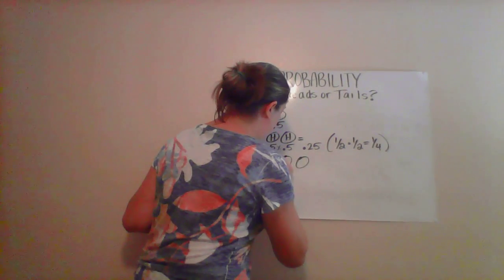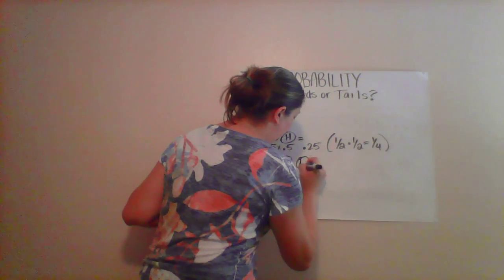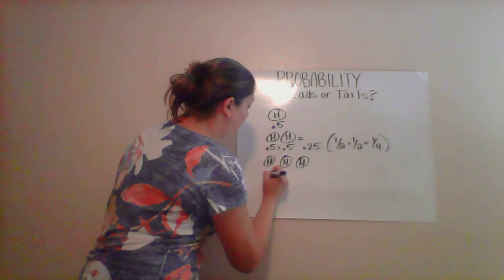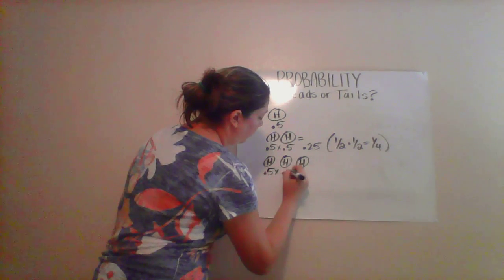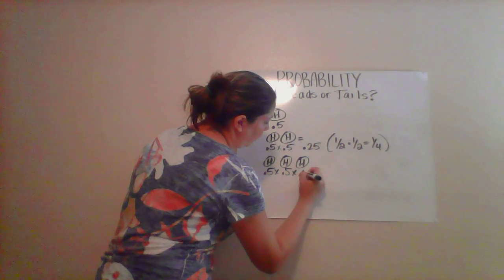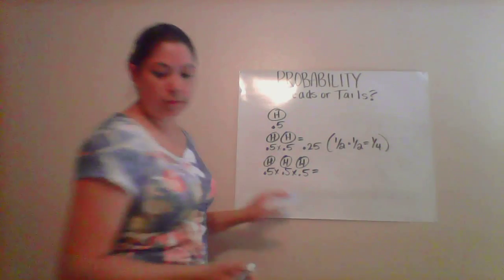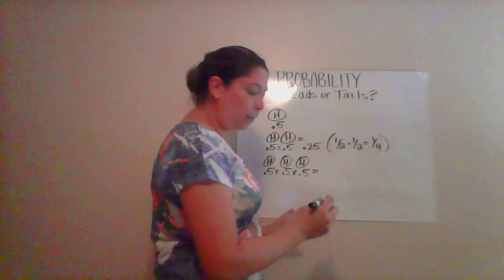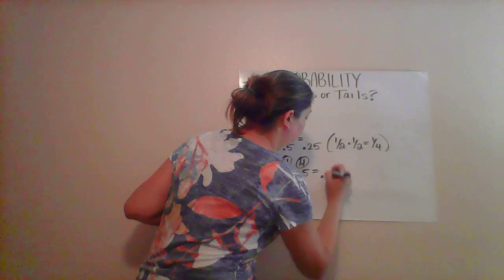So we'll write 3 coins, heads. 0.5 times 0.5 times 0.5 equals 0.125.